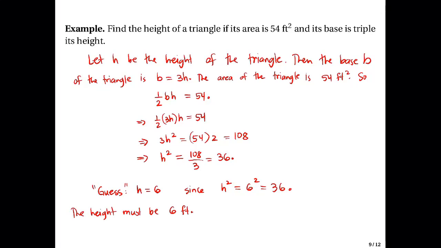Now, these are some questions to answer. Is there another possible value for height?